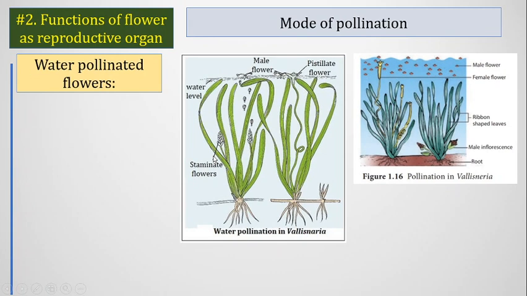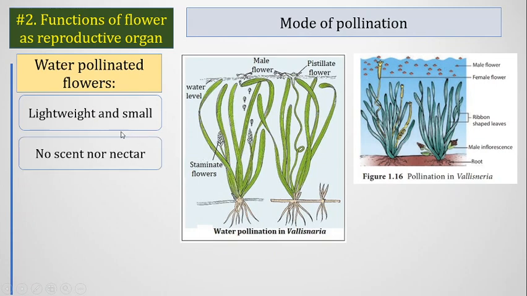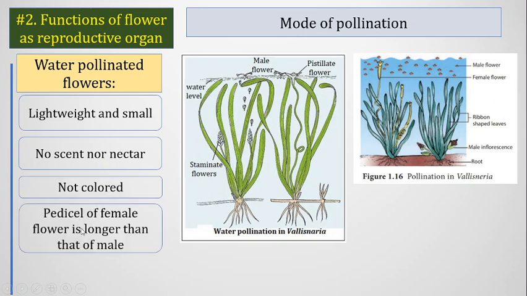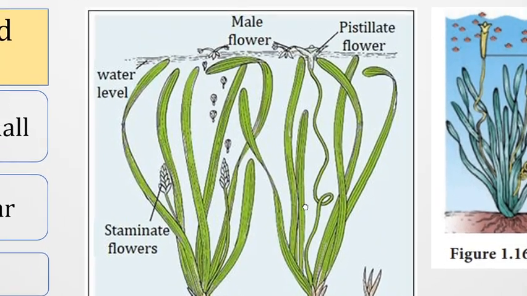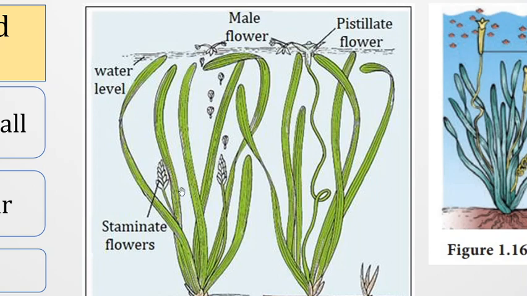These flowers are lightweight and small, and they don't contain any scent or nectar, and they are not colored, and the pedicel of female flowers is longer than that of male. The left one is the male Vallisneria flower, and the male flower has a small pedicel, while the female flower has a long pedicel.